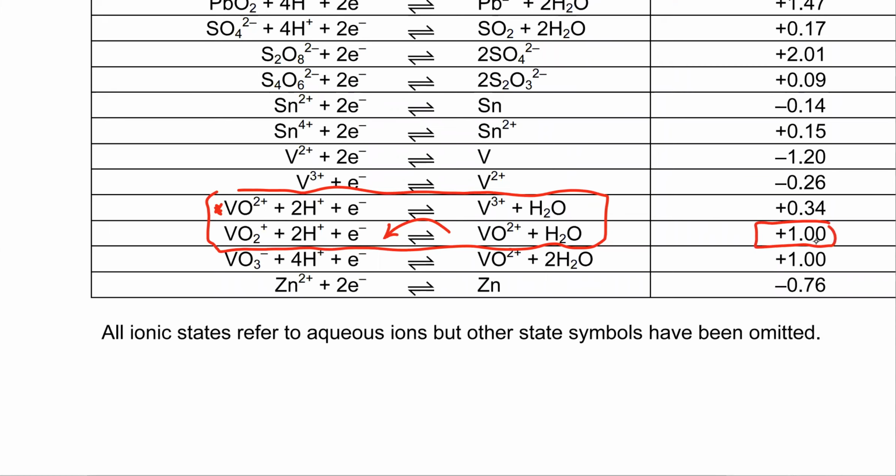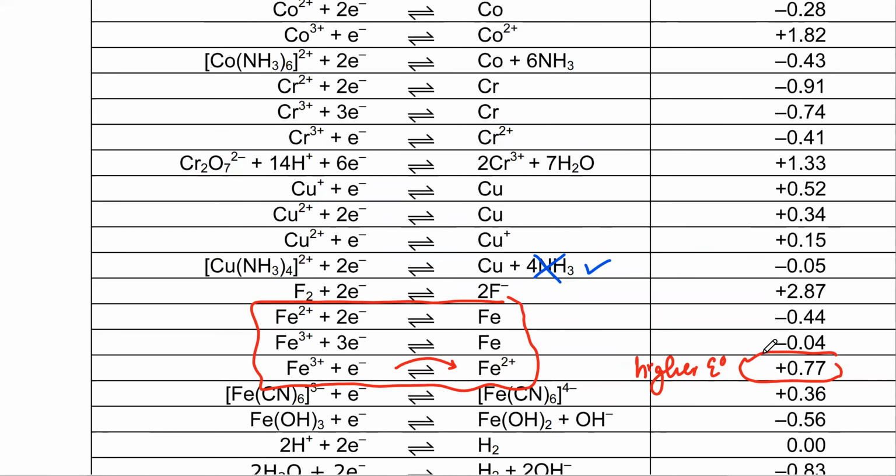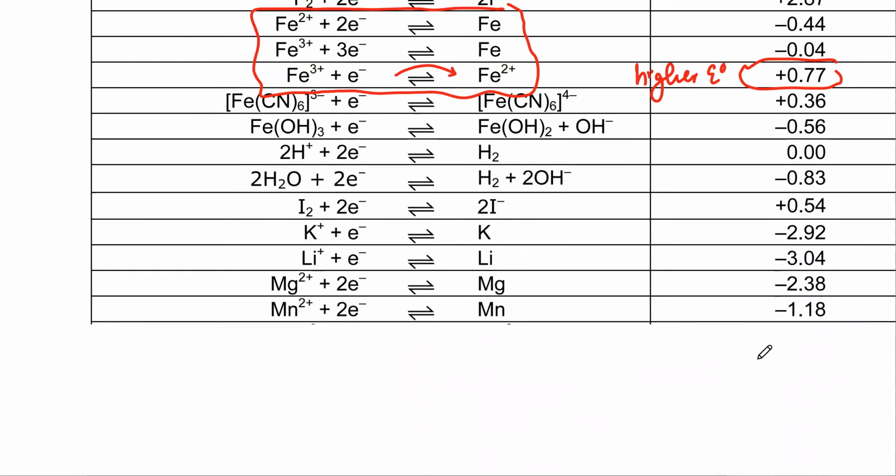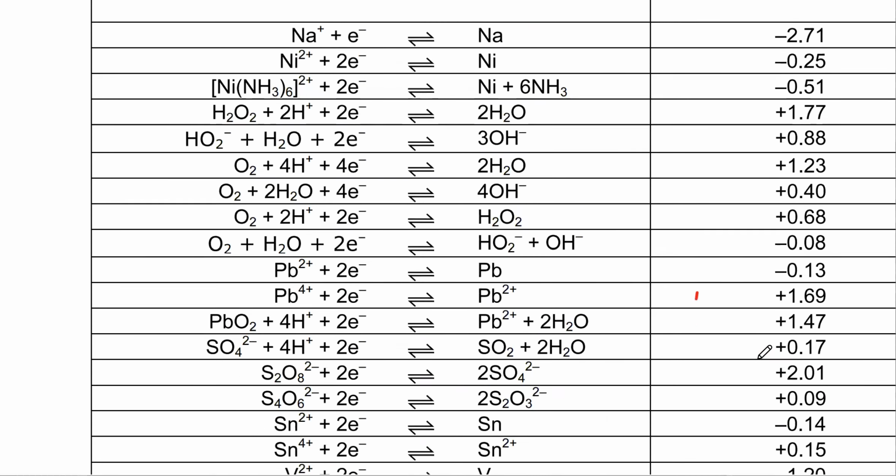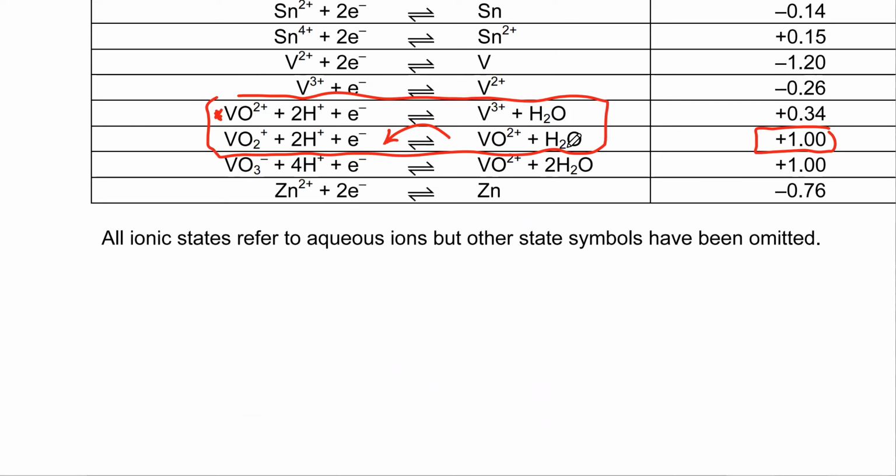So basically the whole thing collapses, because when you were trying to figure out the lowest E naught, you didn't actually find a lowest E naught. The lowest E naught should have been lower than the higher E naught, but you didn't find any equation that was actually lower than this, because the lower one is the one that's going to lose electrons. By eliminating all the other equations, you ended up with this one, and that came out to be actually a high E naught. So that didn't make any sense. The low E naught has to be the low E naught, which in this case it's not.